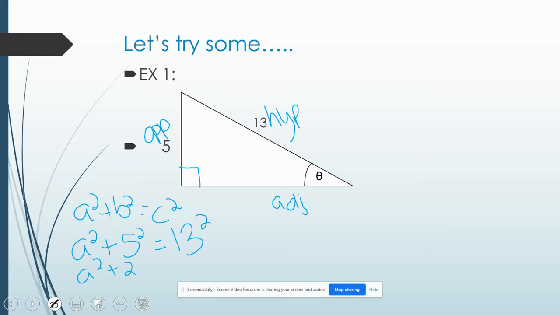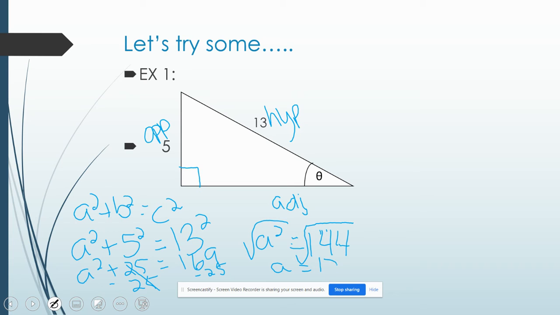A squared plus 25 is 169. Bring that 25 over. We have a squared is 144. And then take the square root. And we find that our adjacent side is 12.